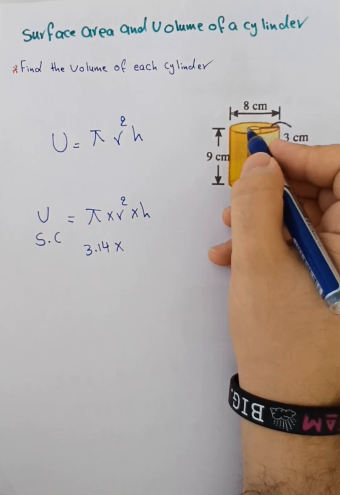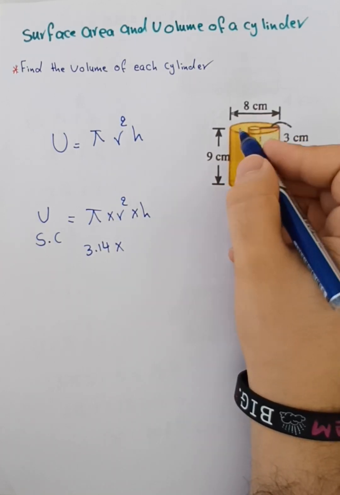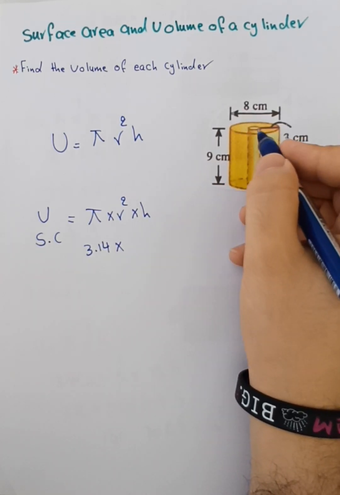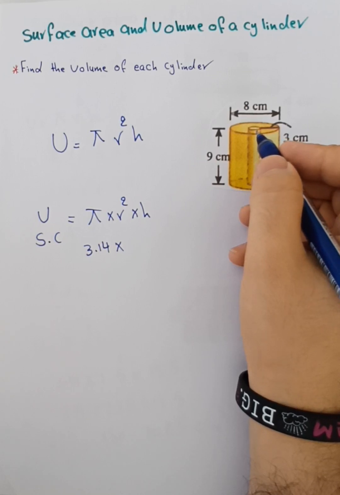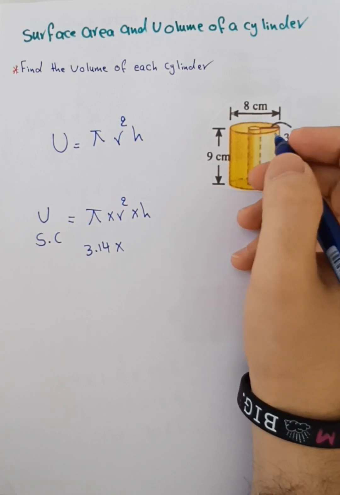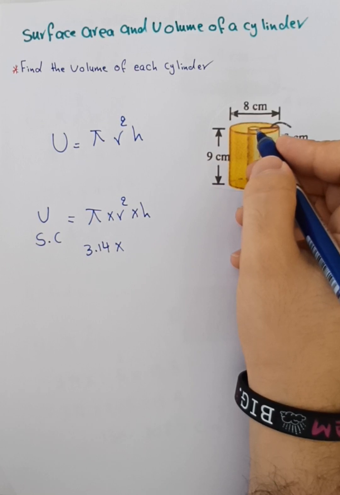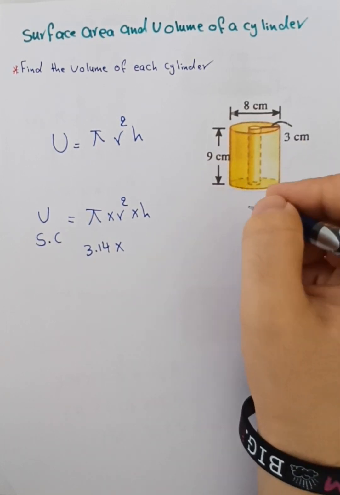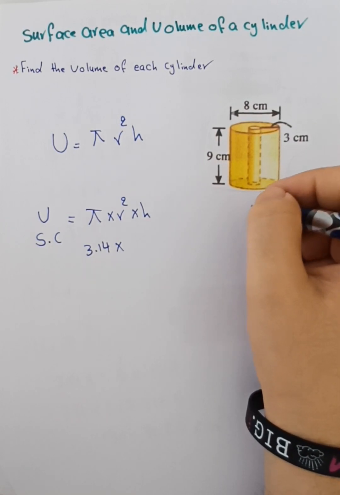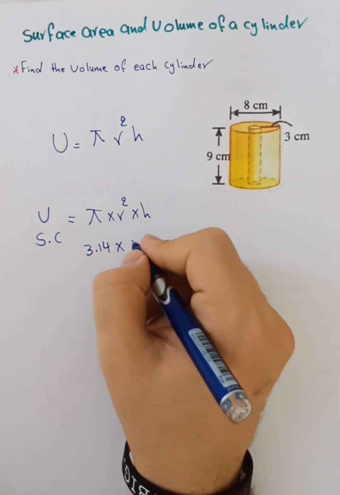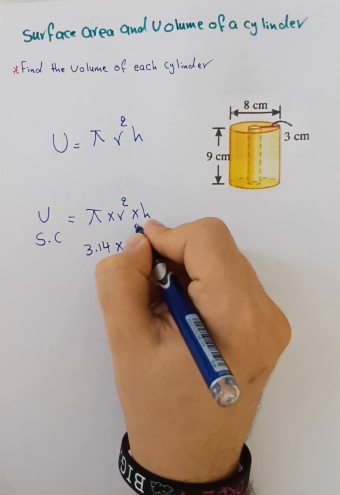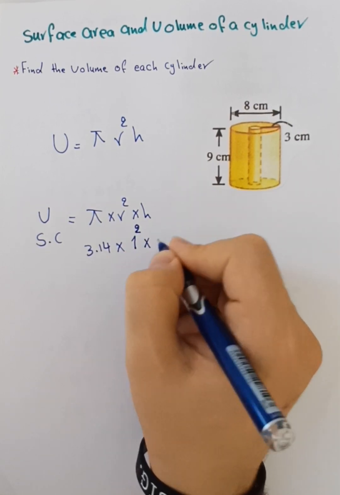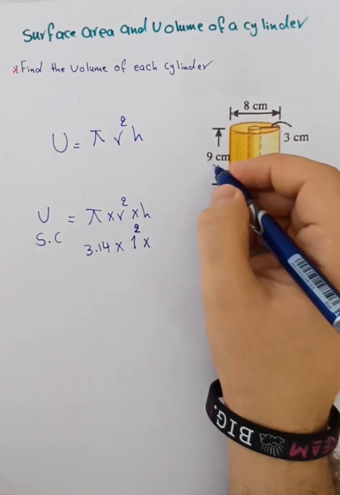So this side is 3. 3 plus 3 equals 6. So the diameter for the small cylinder should be 2, and then the radius for the small cylinder is 2 divided by 2 equals 1. So the radius is 1, and then we have squared multiplied by the height, 9.